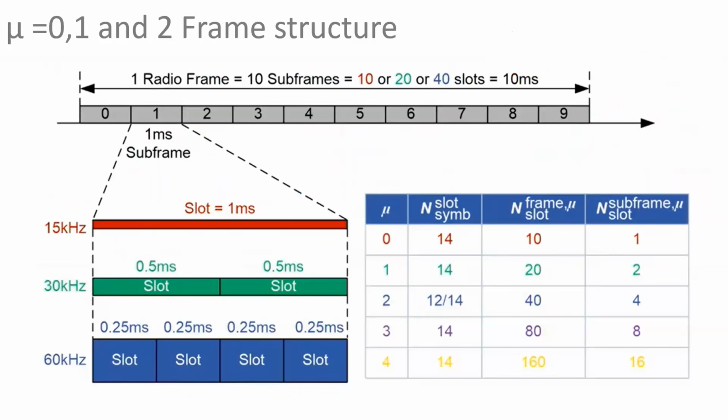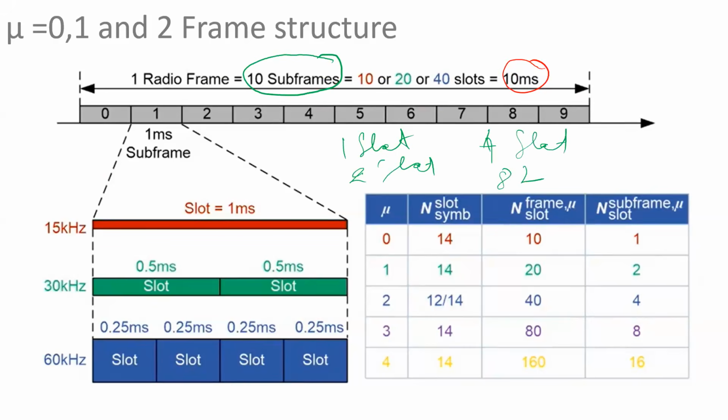So this is the other way of presenting the frame structure. Again, we have one frame that is of 10 milliseconds, and each frame has 10 subframes. Each subframe may have 1 slot, 2 slots, 4 slots, or 8 slots.